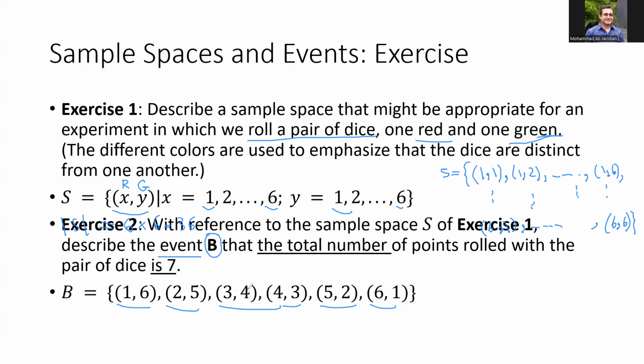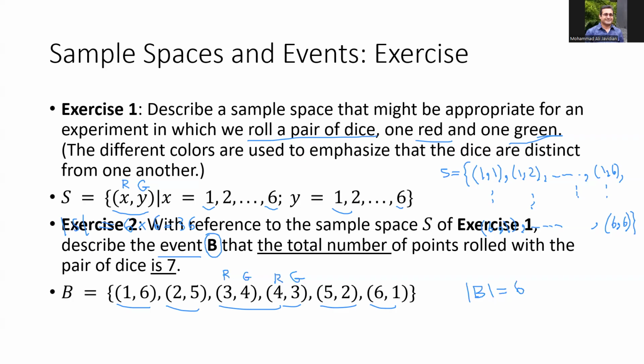Remember that 3 and 4 is different from 4 and 3, because in 3 and 4, 3 is red and 4 is green, but in 4 and 3, 4 is red and 3 is green. So for this event, the cardinality of B is 6, because we have 6 different possibilities that the sum of the pair is 7.